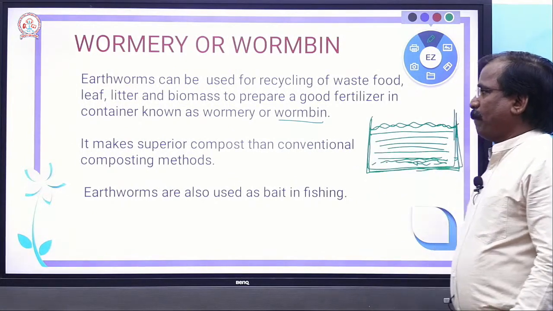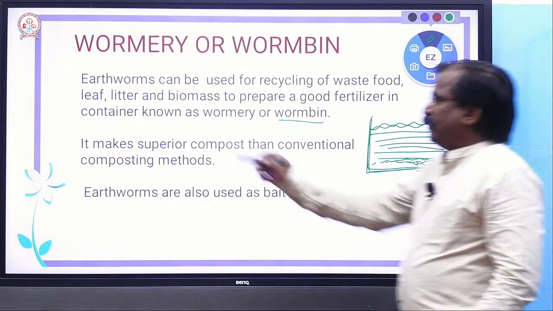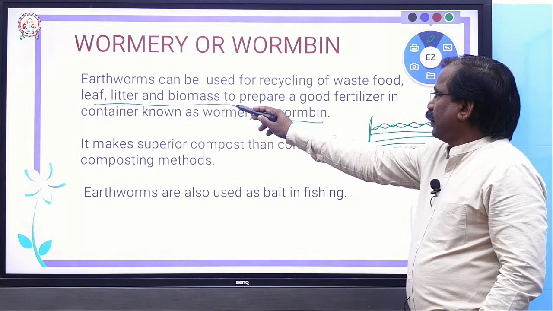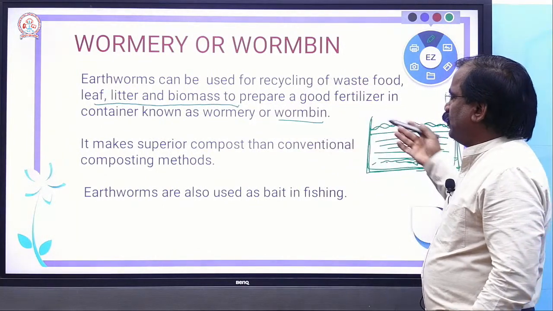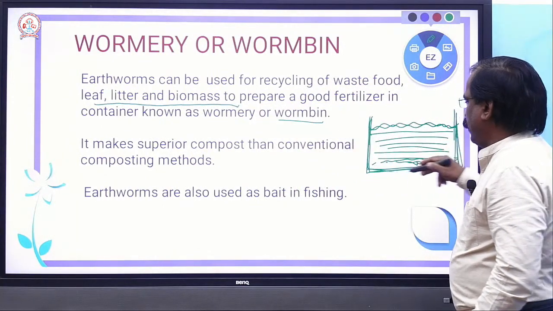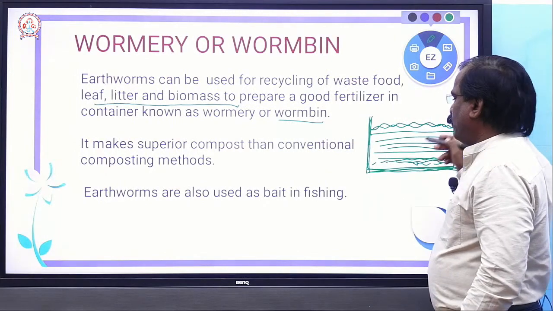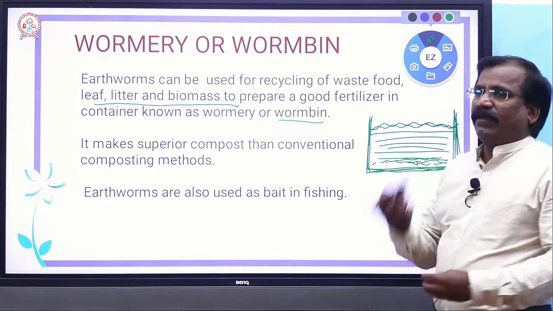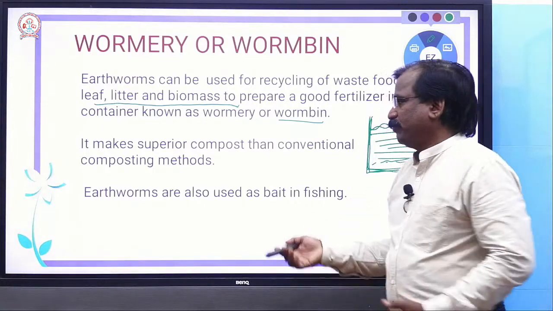Very simple. Leaf litter or biomass, these are the waste introduced into this worm bin, so that the earthworm digests it and makes it into compost.